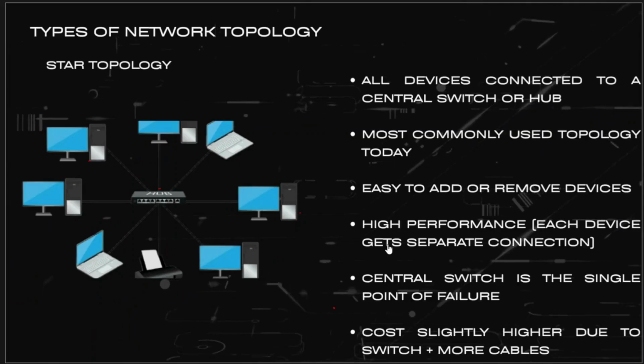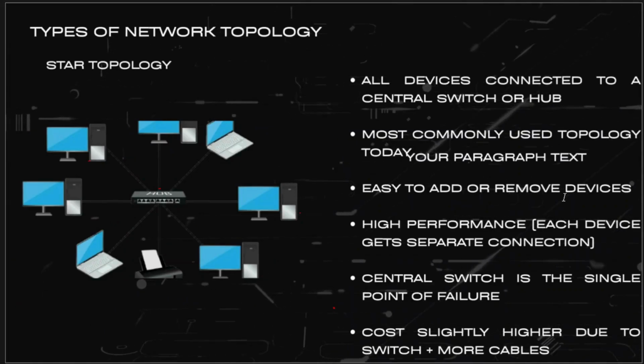Then next we will be going into star topology. Now we are talking about star topology, right? This is the most popular layout used today. Every device has its own private cable that connects to a central hub or switch.